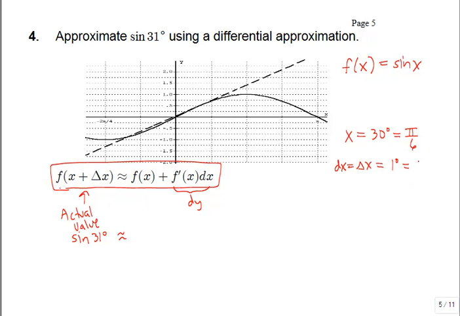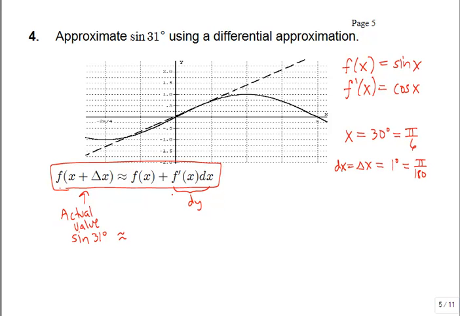So 1 degree is the same as pi radians over 180 degrees. Okay, just doing a conversion there. So delta x, or dx, is pi over 180. Now what we need in this formula, we also need to know f prime of x. So let's calculate that. f prime of x is the derivative of sine x, which is cosine x. So we have all the pieces.